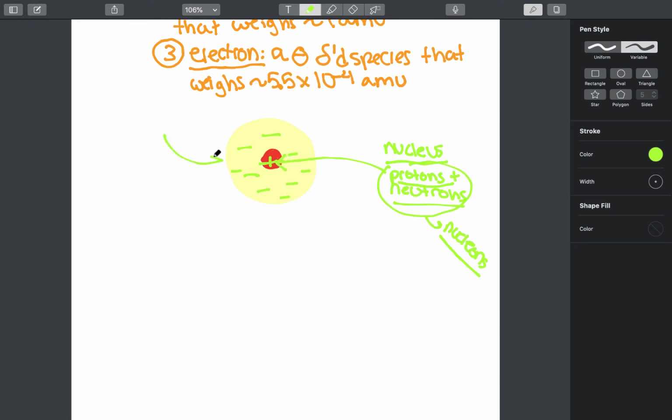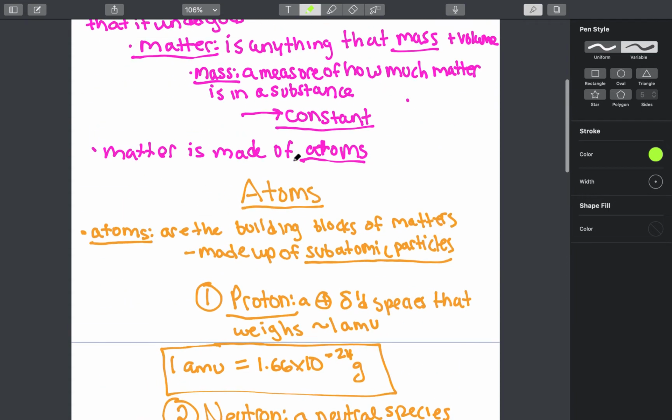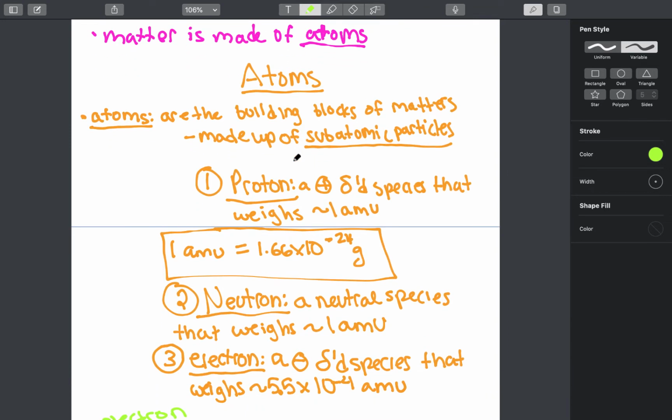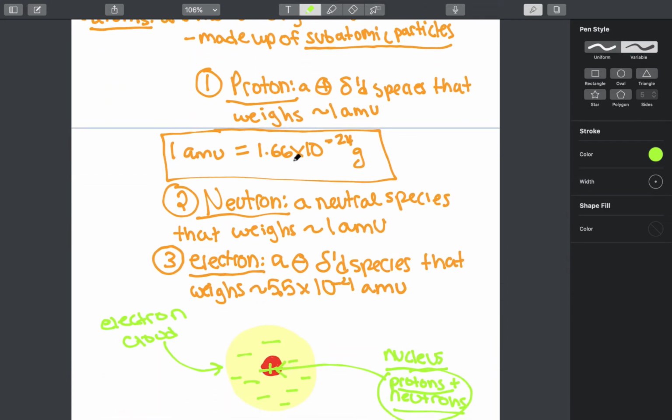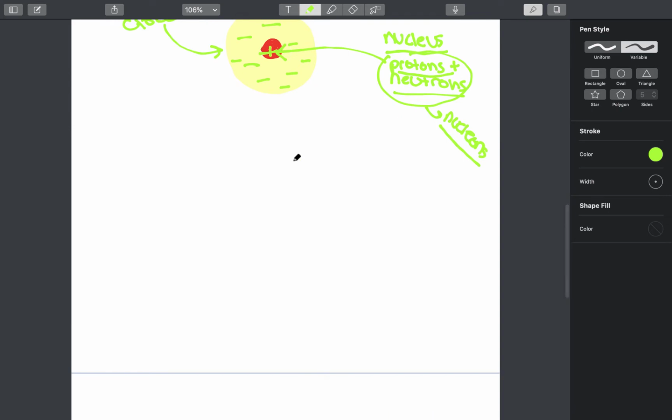This yellow part here is the electron cloud, and we're going to discuss more about this in a later chapter. So just for now, think of the protons and neutrons in the nucleus and the electrons in a cloud surrounding and orbiting the nucleus. So that's it for atomic structure for right now. We're going to move on now into defining how these atoms interact with each other.